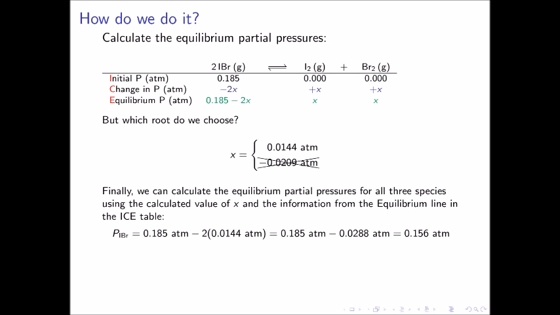This becomes 0.185 atmospheres minus 0.0288 atmospheres, or 0.156 atmospheres. For I2, we see that the equilibrium partial pressure is just equal to x, or 0.0144 atmospheres. This is also the case for Br2.